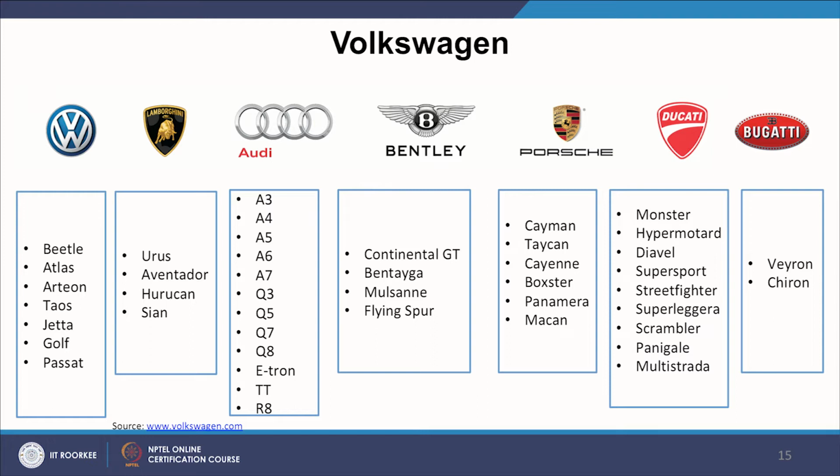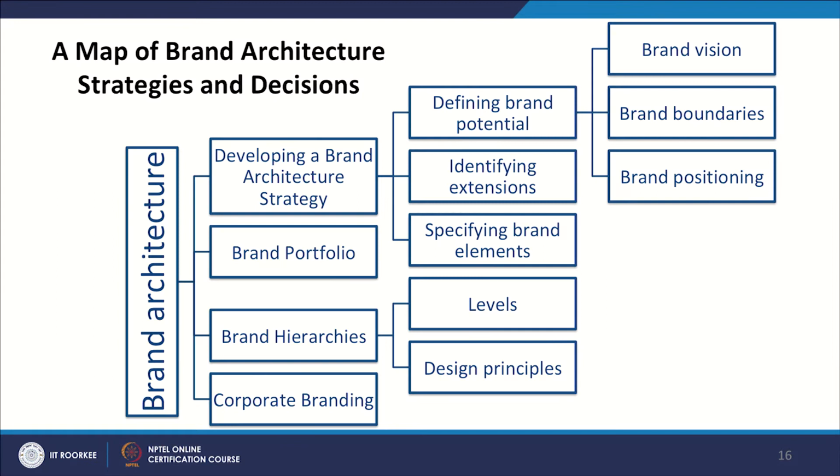Volkswagen once again, and then just this chart very briefly. So you may imagine that we started our journey with developing an understanding on brand architecture, talked about developing brand architecture strategy, brand portfolio, brand hierarchies, and now I would be taking you towards corporate branding.